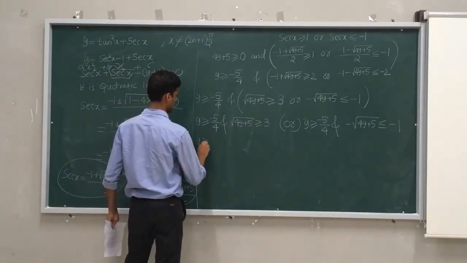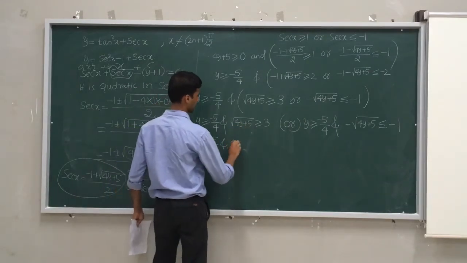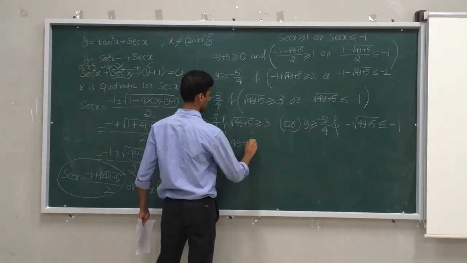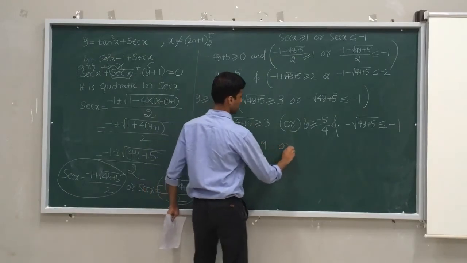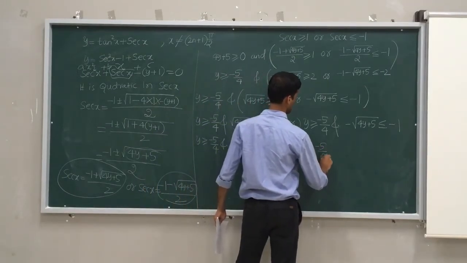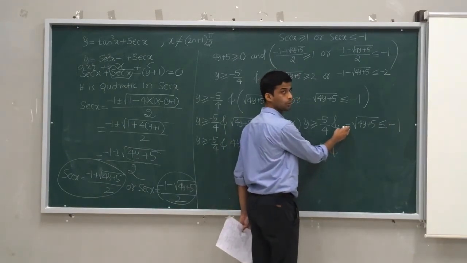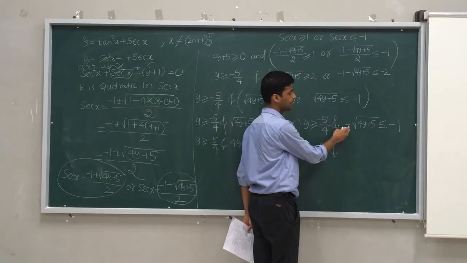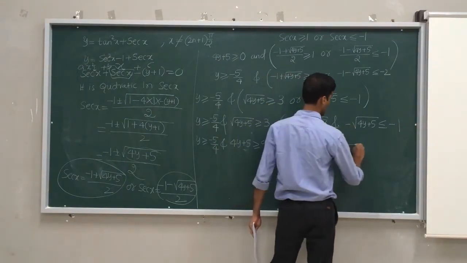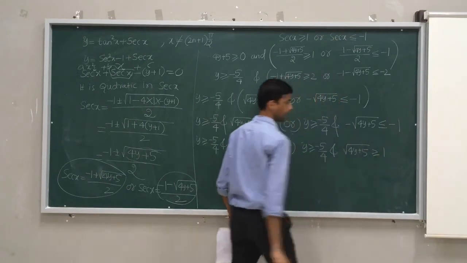So y is greater than or equal to minus 5 by 4 and when you square on both sides, it becomes 4y plus 5 greater than or equal to 9, or y is greater than or equal to minus 5 by 4 and, first of all I will multiply by minus on both sides, because in inequality the negative sign plays a major role. So this becomes root of 4y plus 5 greater than or equal to 1.